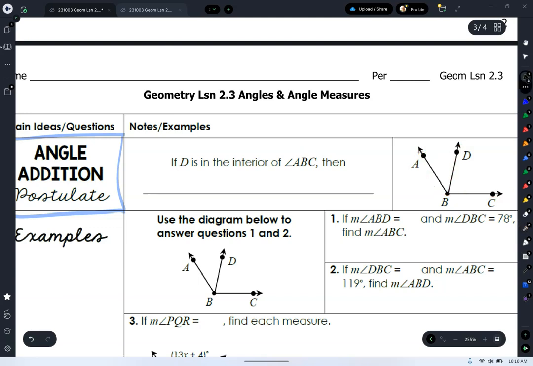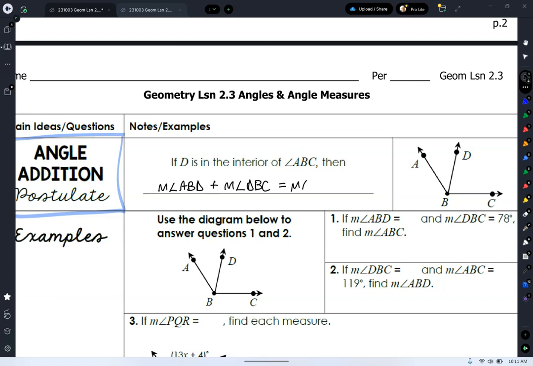And so what we could say is this, watch. The measure of angle ABD, find the space, go ahead. See it? You see where the measure of angle ABD is? Plus the measure of angle DBC. When we add those two numbers together, well, we should get the measure of angle ABC.